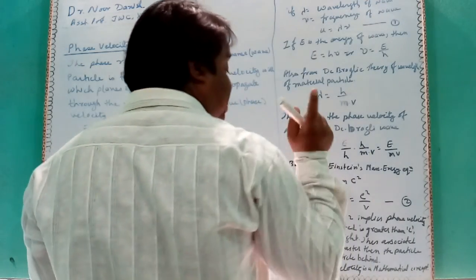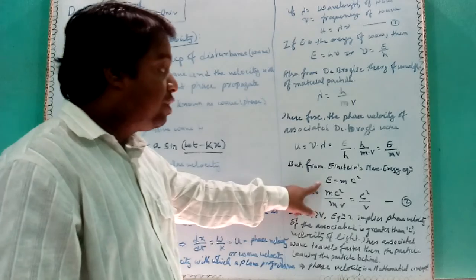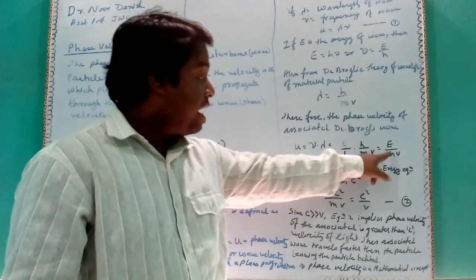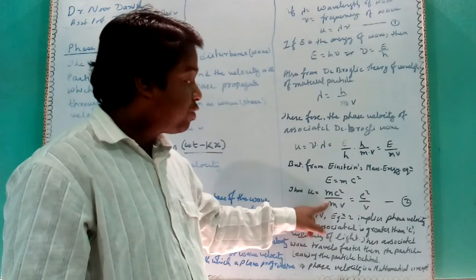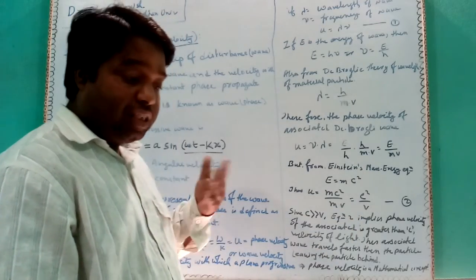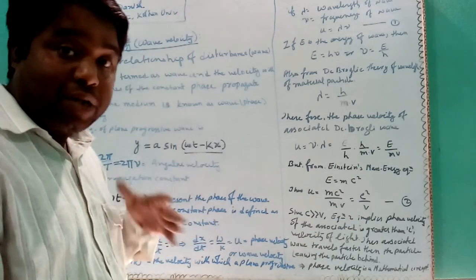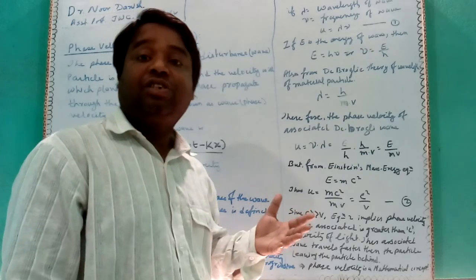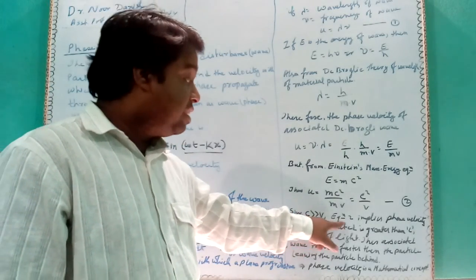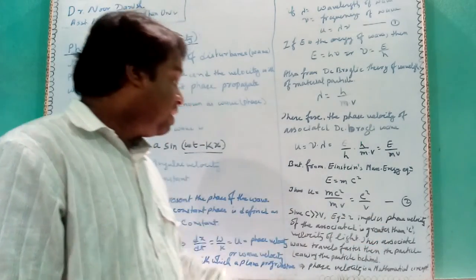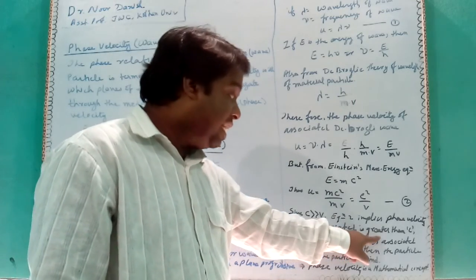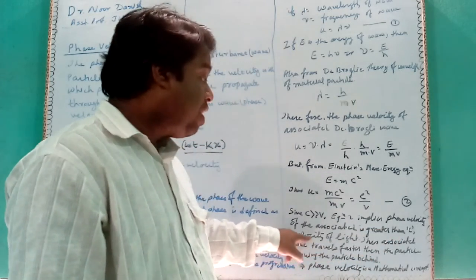But from the Einstein relation, we are aware E = mc², and when we put the value of E here, u = mc²/mv = c²/v. Now we know the velocity of light is much more than the velocity of the particle, so c is much greater than v. Therefore this equation implies that the phase velocity of the associated wave is greater than the velocity of light.